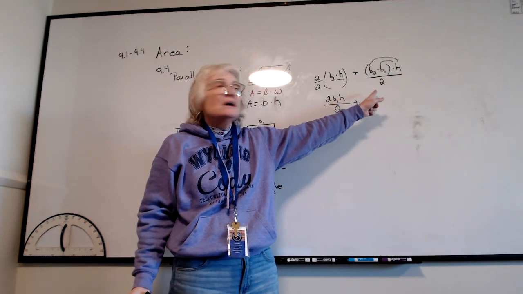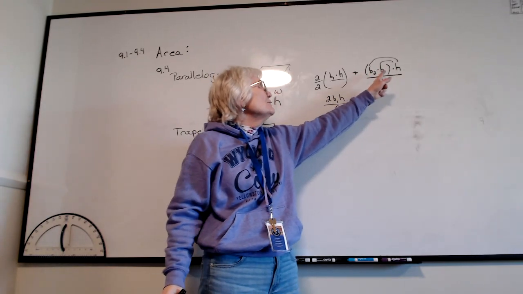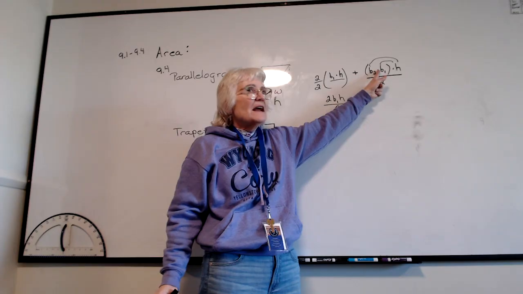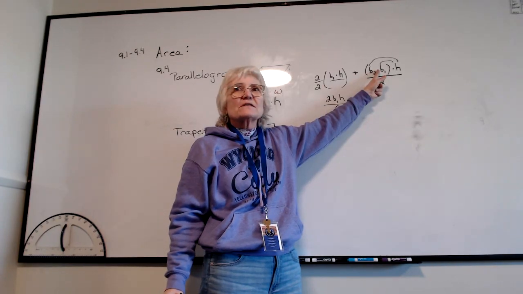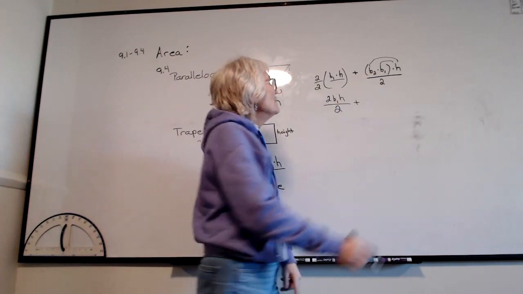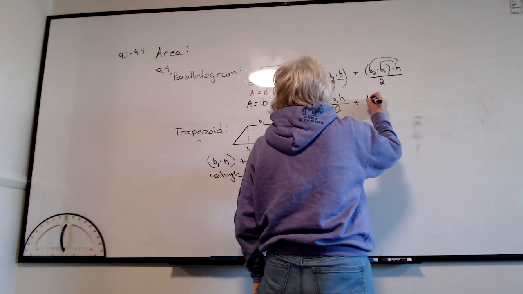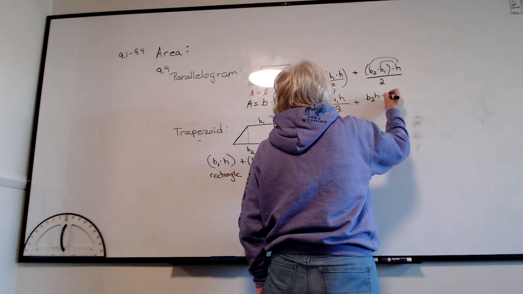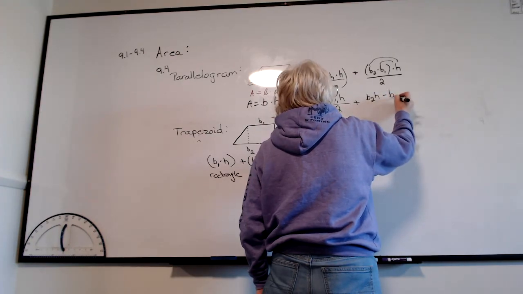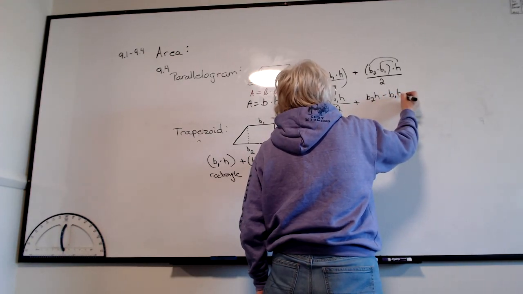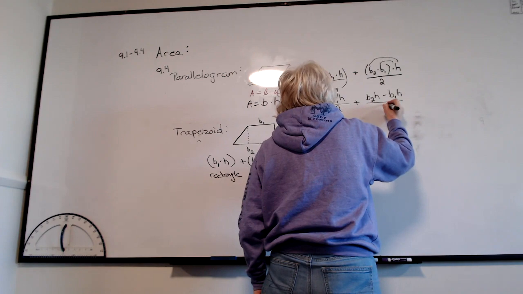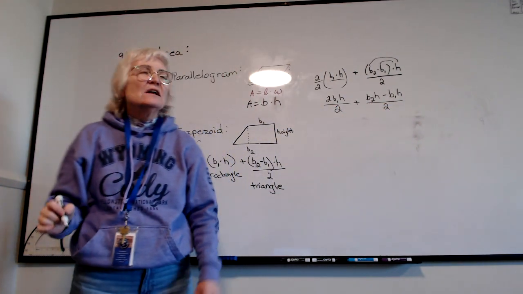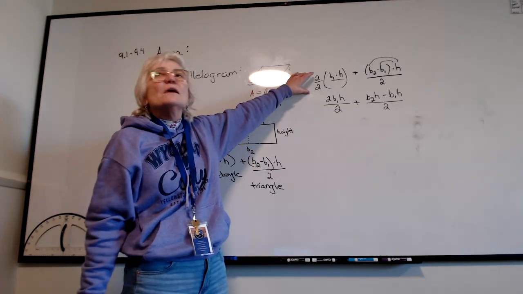Take h times b2, h times b1, so it's all algebraic stuff over 2. So I have b2h minus b1h all over 2. All I did on this one was multiply the top and bottom by 2.